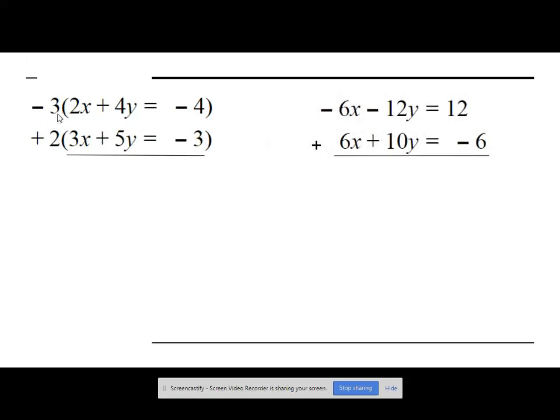Now, after I distribute that negative 3 to everything and multiply everything in the second row by 2, I have a negative 6x and a positive 6x. This works for my addition method, my elimination method. Before, when it was just 2x and 3x, 2x plus 3x was going to give me 5x. X's did not eliminate.